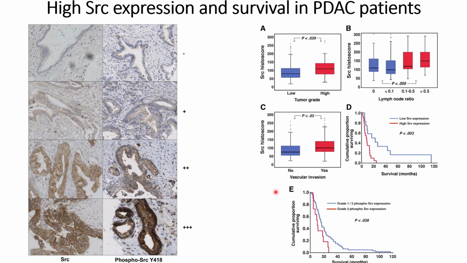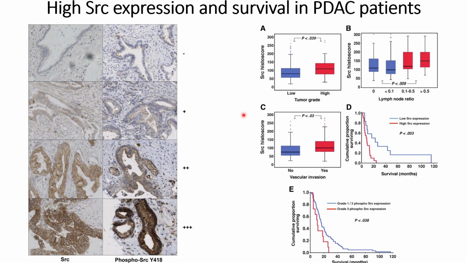And when they checked this activated SRC expression in the different grades of tumor, they found that high-grade tumors have more activated SRC compared to low-grade tumors, indicating that as the tumor progresses, the activation of SRC increases, and that will cause a reduction in the survival rate of the patients.